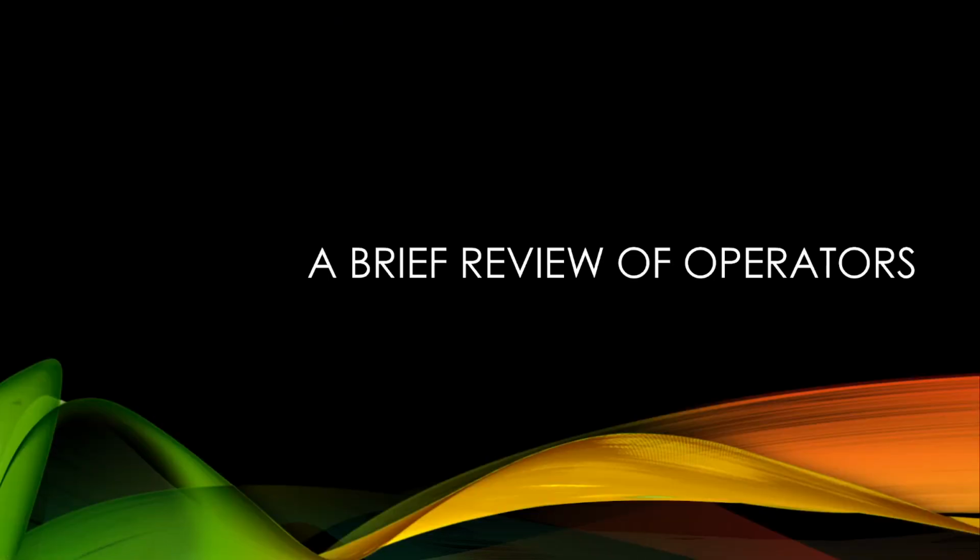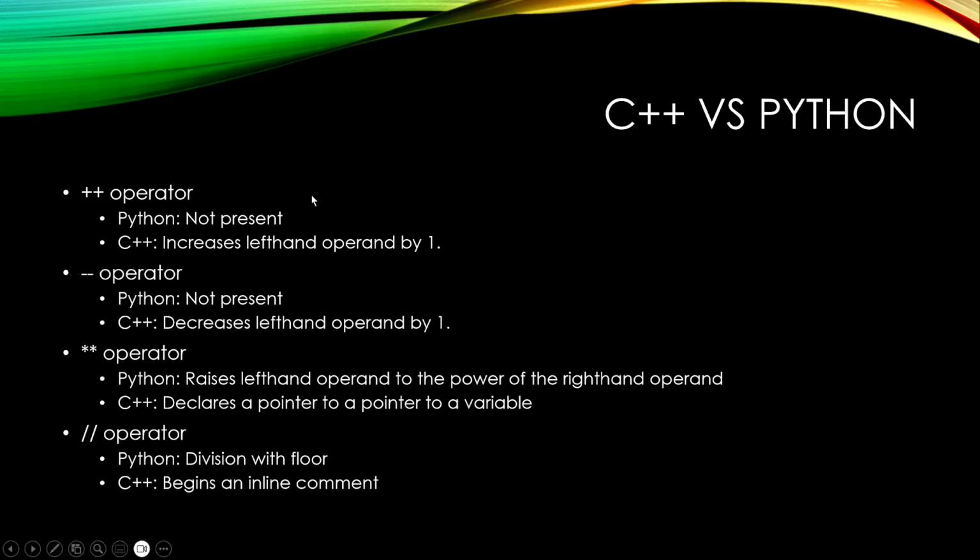So now we're going to do a brief review of operators before we get into a few quick code examples. So, C++ versus Python, the big difference is going to be these double arithmetic operators here.